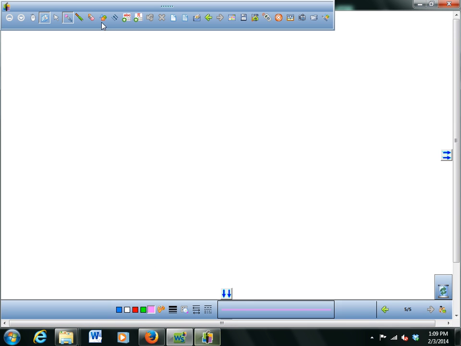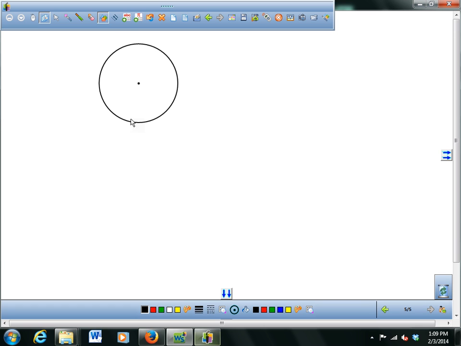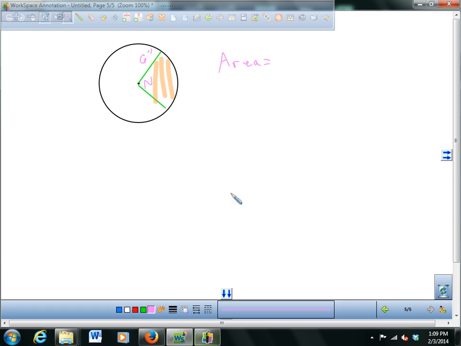Say I have something that looks like this, and what you're trying to find is n over here, and I tell you that this is 6 inches, and that this area here is equal to 14 pi.